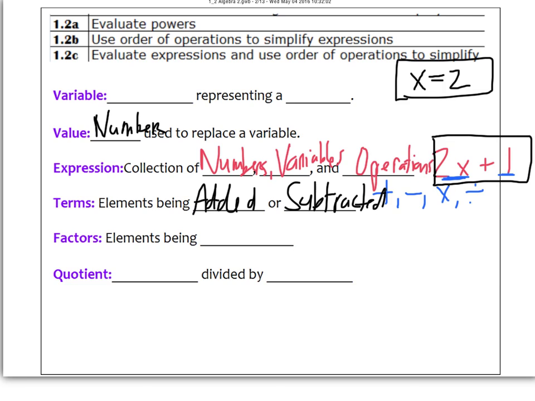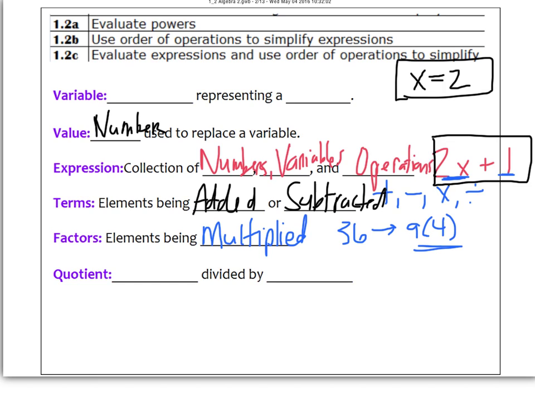Factors is a vocabulary word we use, and that tends to be, for example, maybe what are the factors of 36, someone might say. Well, one factor is 9 and 4. They're elements being multiplied. So if I say these two numbers are factors of 36, it means if I multiply 9 and 4, I get 36.